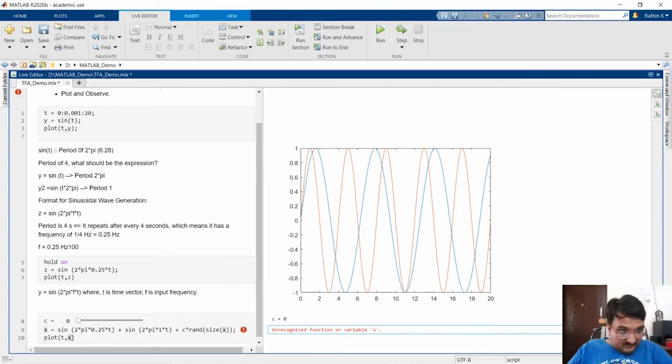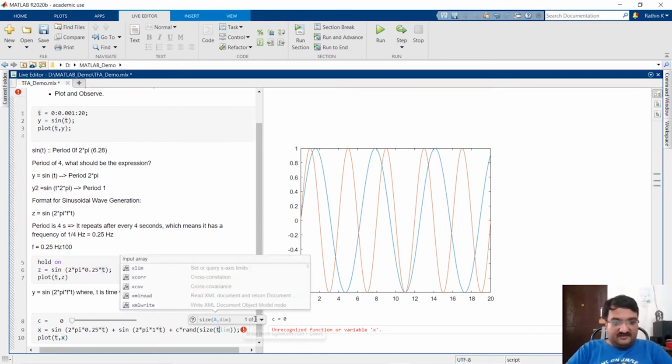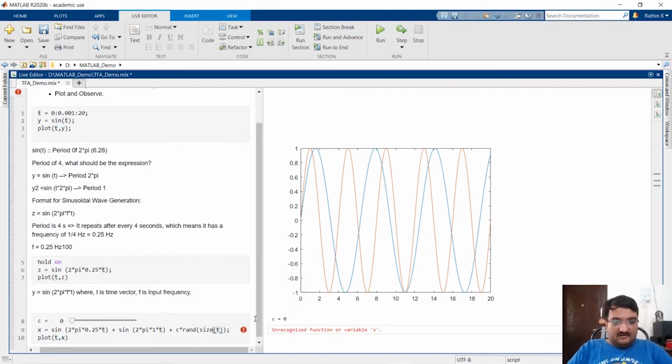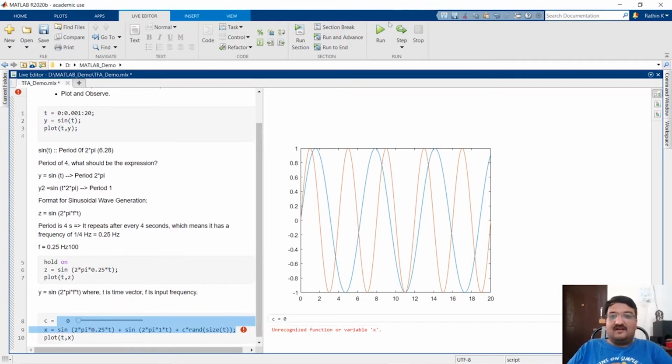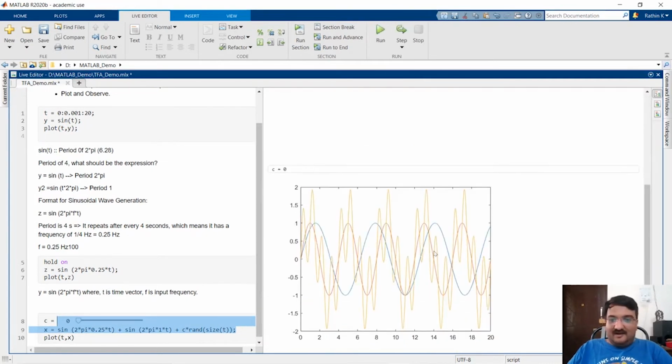Yeah, unrecognized function or variable. Because here it is not defined, let me just give a variable as time. It's a small runtime issue, but can be easily resolved by adding this.